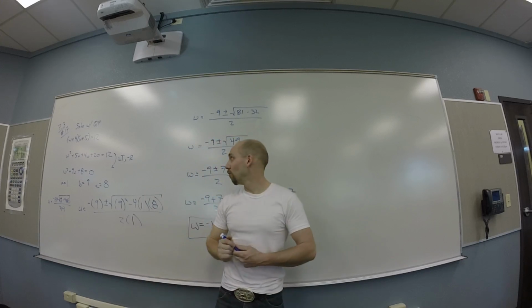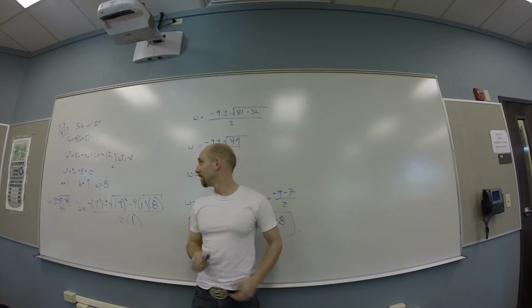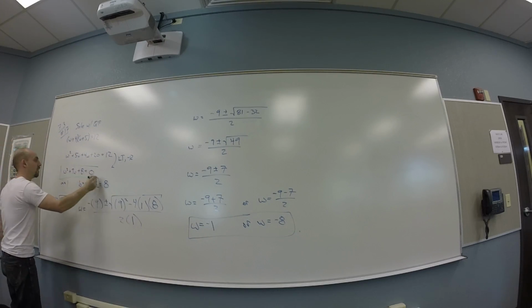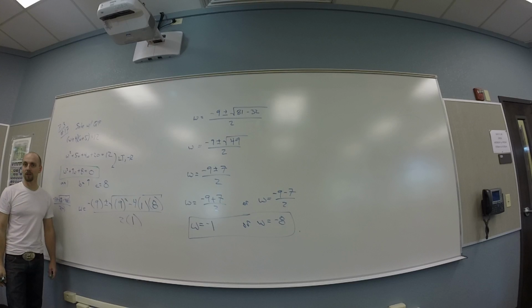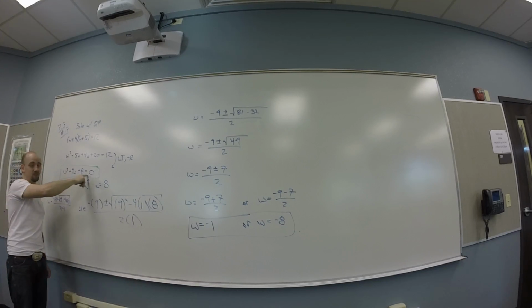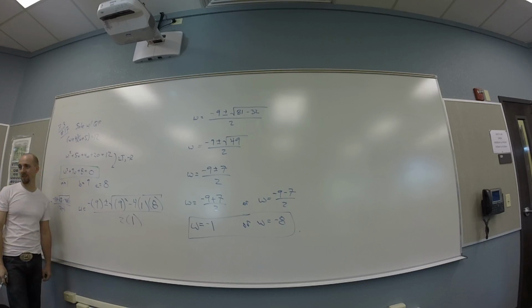You should note one thing, that right here, they told me to use the quadratic formula, so I'm kind of stuck with this method. But right here, what do you notice about that? It's not a perfect square, but it's factorable. Yeah, it factors.